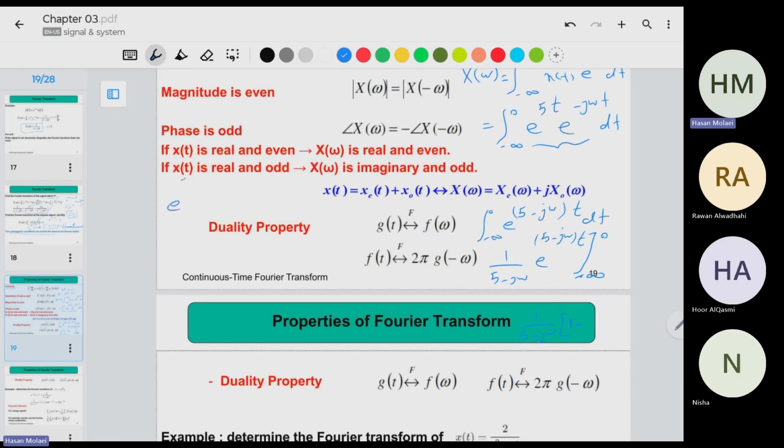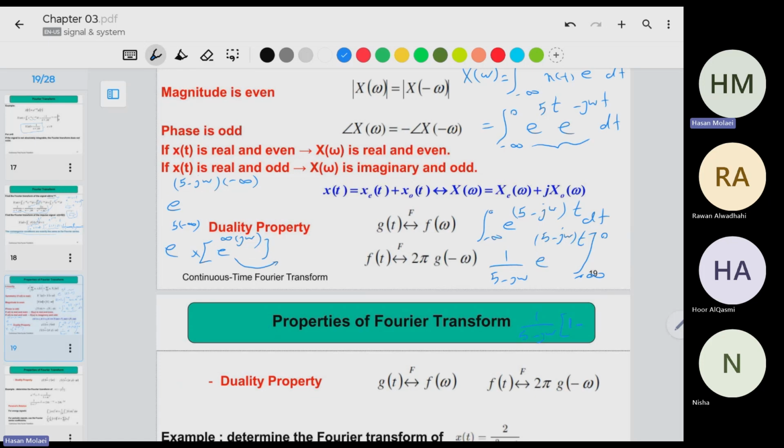I would have 5 minus j omega in minus infinity. How can you say this is 0 or infinity? I can write 5 minus infinity multiplied by infinity in j omega.